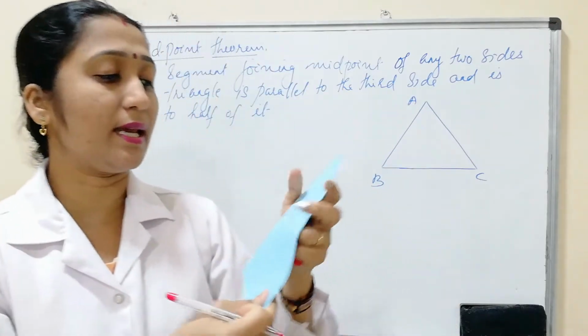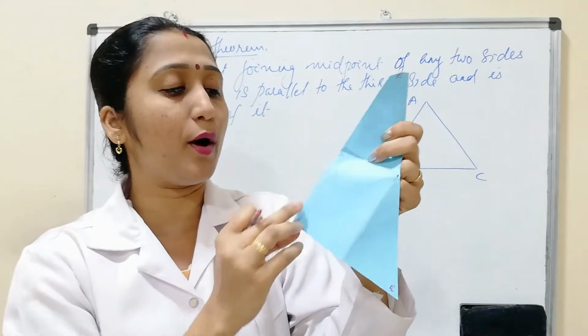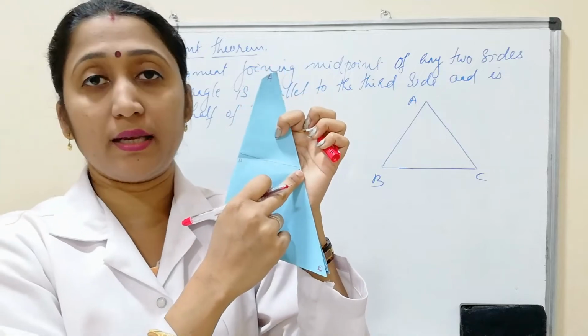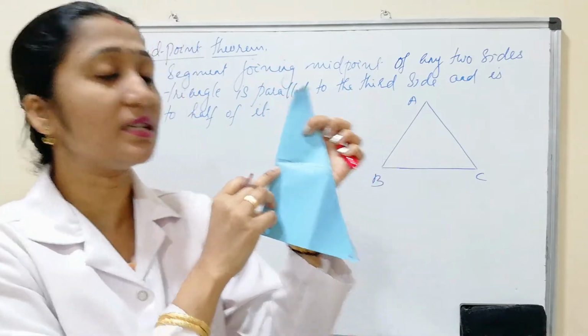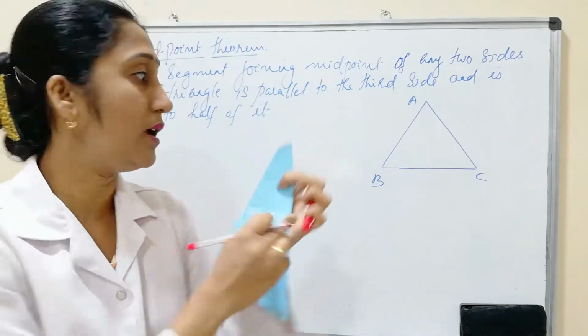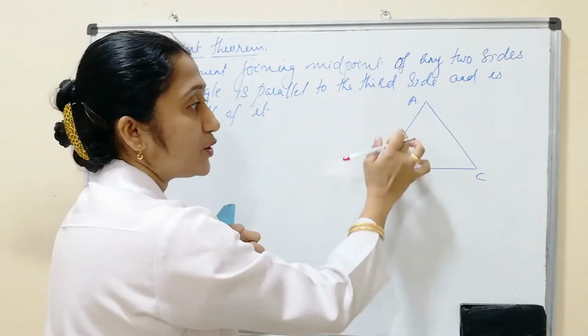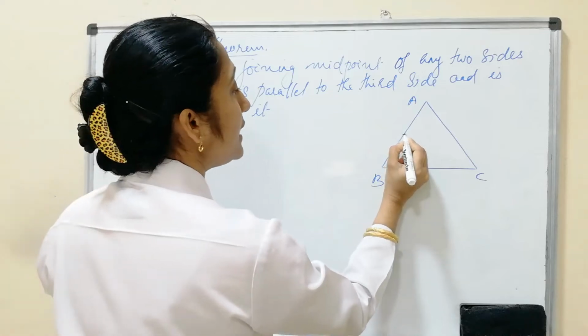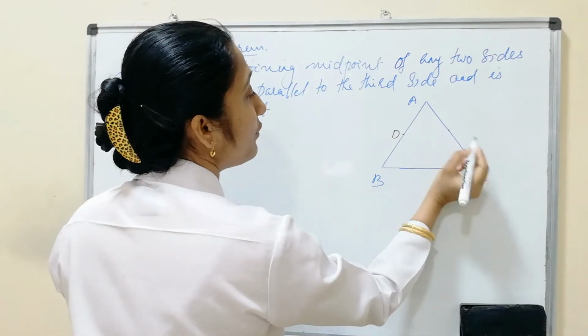So let us see here. This is the midpoint of AB and this is the midpoint of AC. We can name them: D is the midpoint of AB and E is the midpoint of AC.